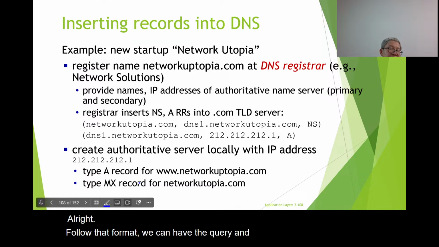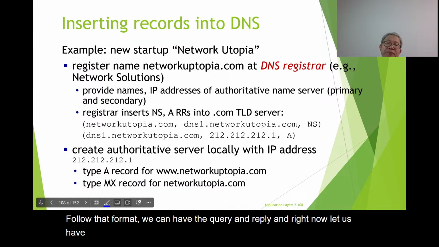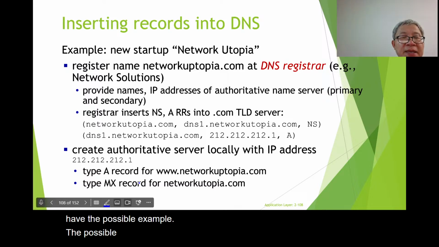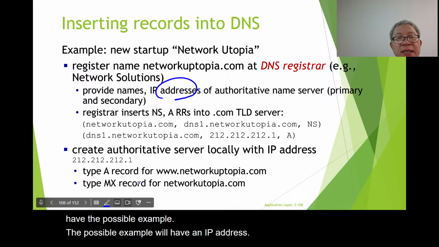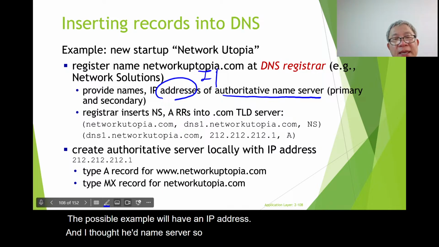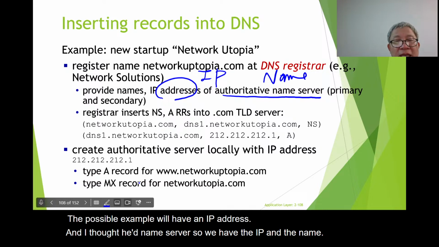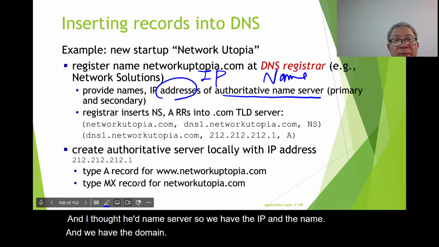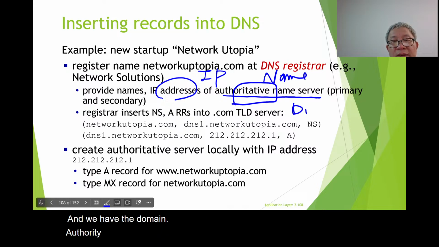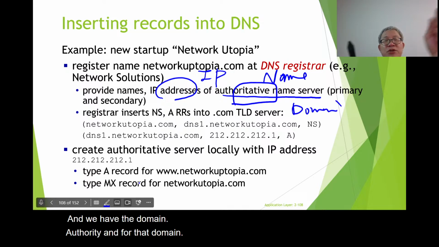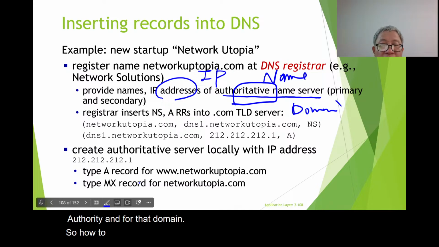And right now, let us have a possible example. In the example we have an IP address and the authoritative name server. So we have an IP and the name, and we have the domain authority for that domain. So how to use the previous records?